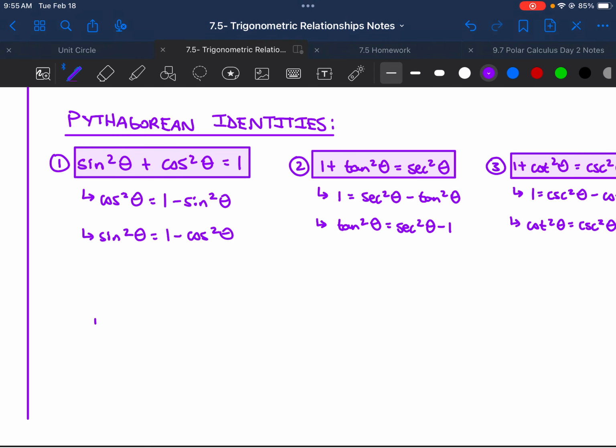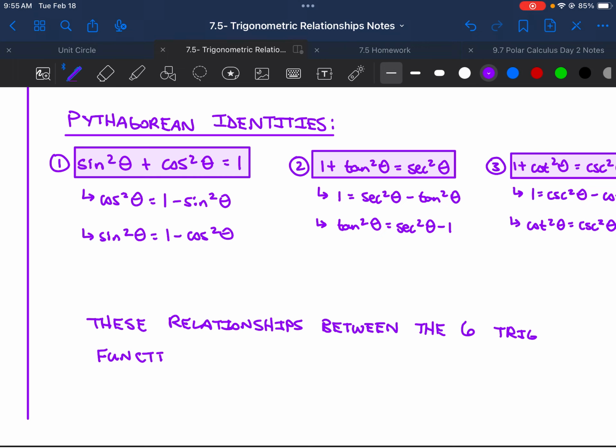These relationships between the 6 trig functions are called identities because they are true for all theta.